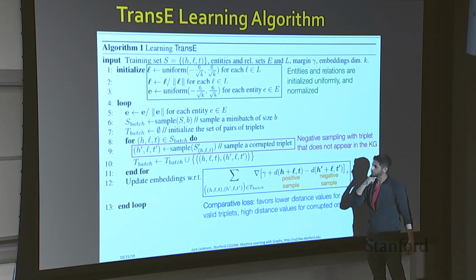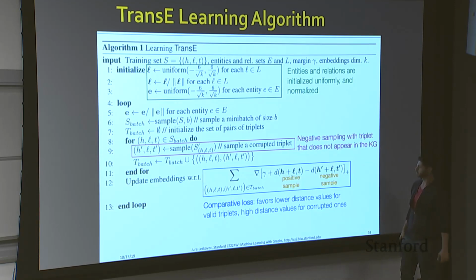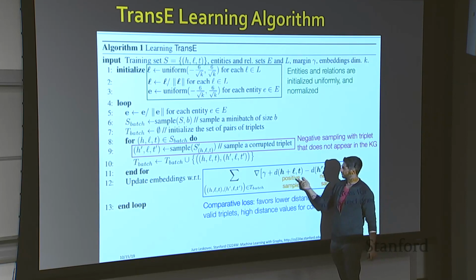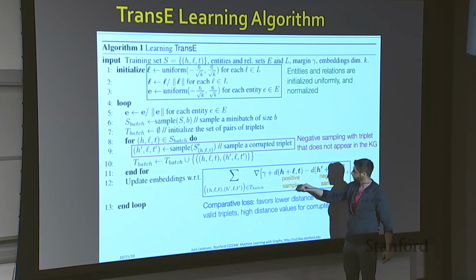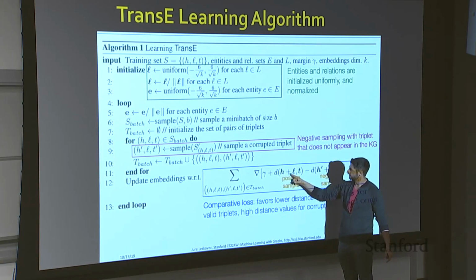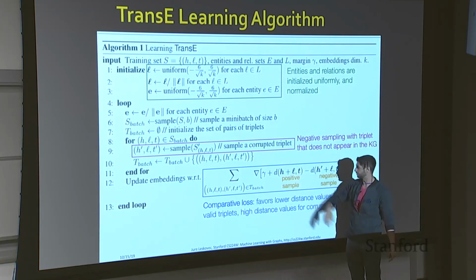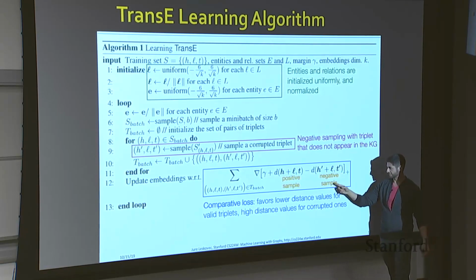And the way in which we update our embedding, similar to the optimization function we have seen before, for example in Node2Vec, is that we give weight to a positive sample. So we want to make sure that the distance between our head entity translated through our relation to T is as small as possible, because this is a valid triplet. Then we use our corrupted triplet as a negative sample.